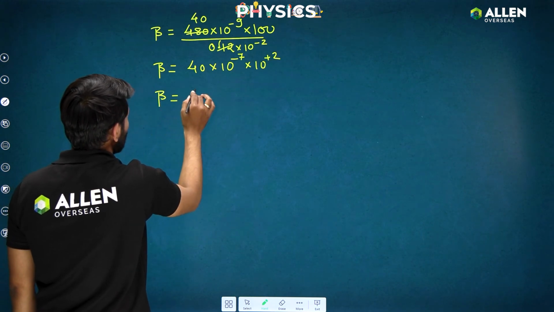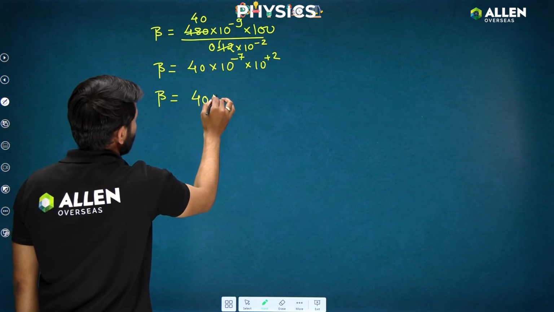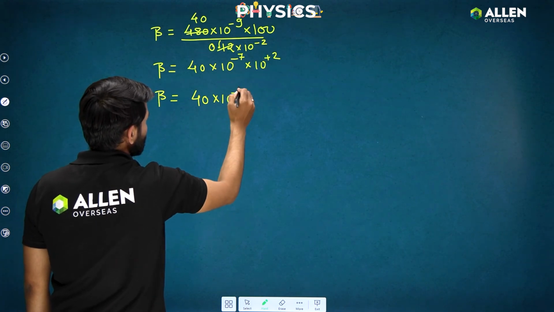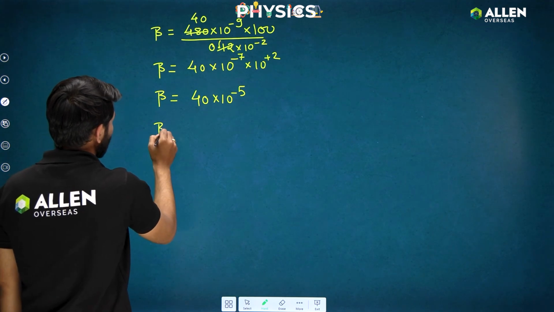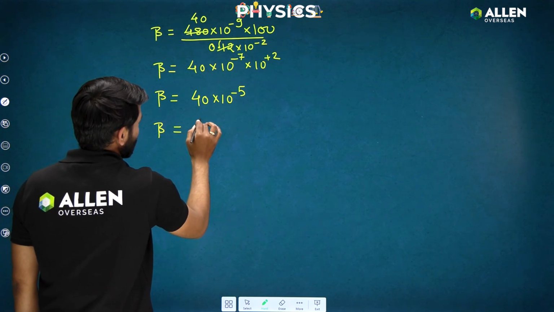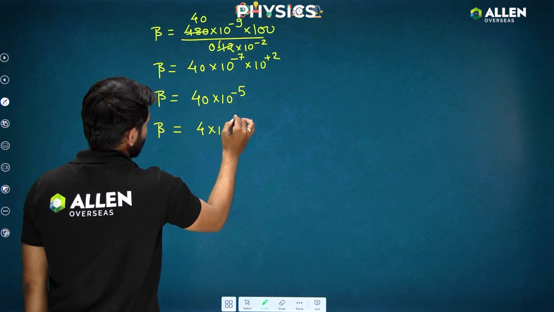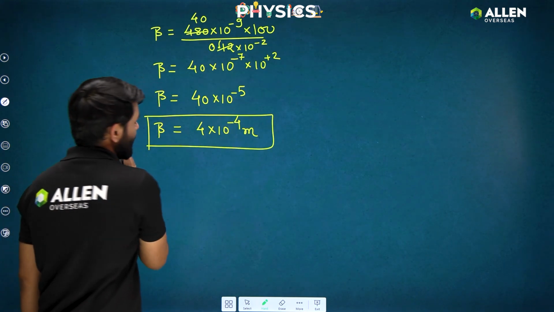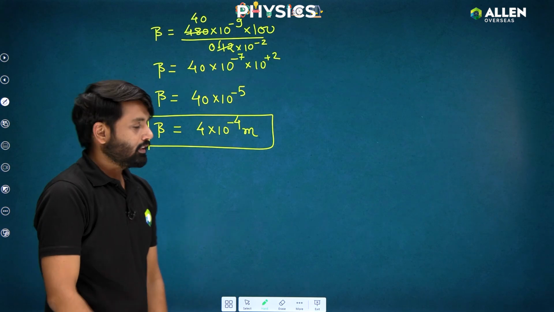So beta is equal to 40 into 10 raised to the power minus 7 plus 2, which is minus 5. So beta is equal to 4 into 10 raised to the power minus 4 meter. Is that clear? So this is the answer for the fringe width, right?